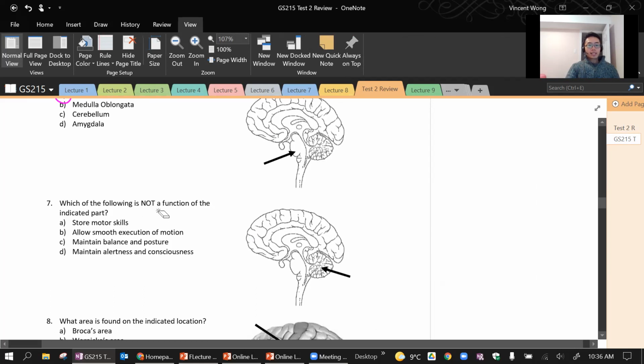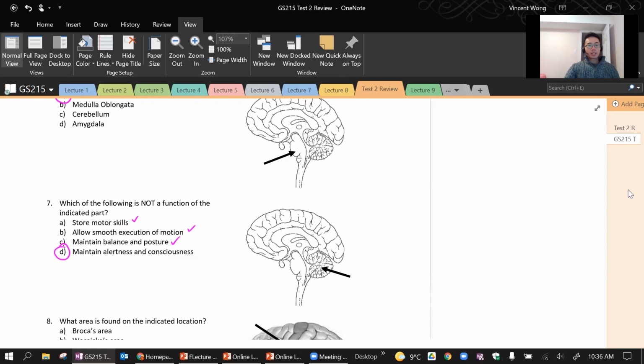Which of the following is not a function of the indicated part? Something like this, not only do you have to know what this is, you also have to know what it does. By now you should know that this is the cerebellum, and the cerebellum stores motor skills, allows smooth execution of motion, and maintains balance and posture. What it does not do is maintain alertness and consciousness.